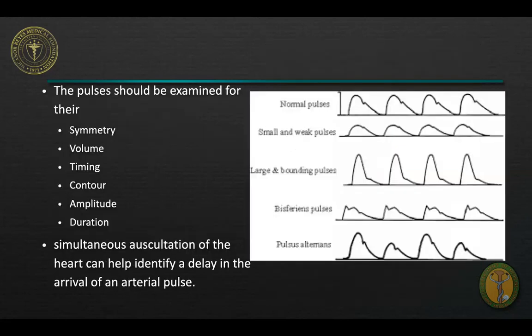When examining the pulses, one should examine for their symmetry, volume, timing, contour, amplitude, and duration. Simultaneous auscultation of the heart can help identify a delay in the arrival of an arterial pulse. We usually palpate them symmetrically at the same time.